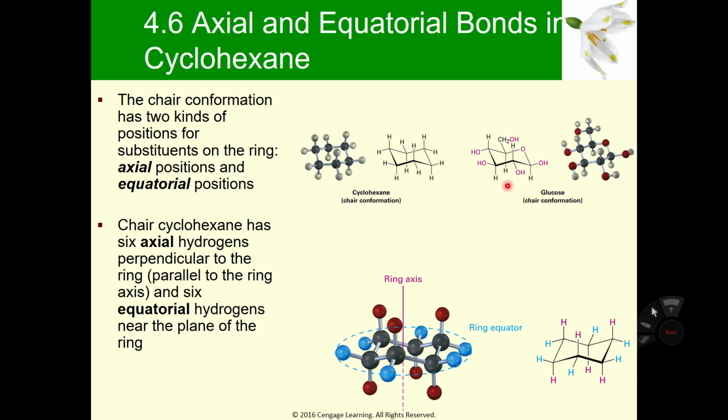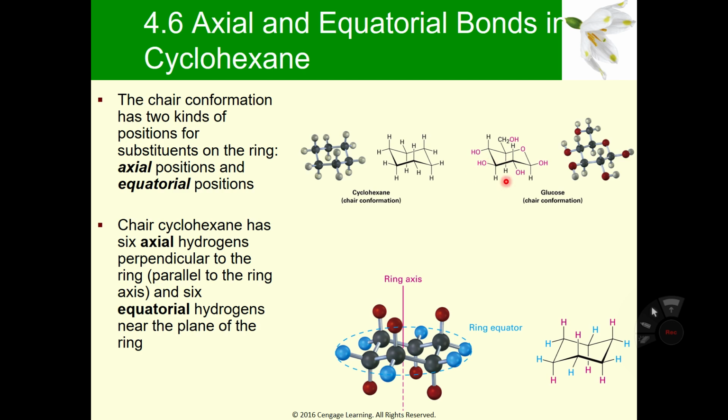Okay, so we can apply the concept of conformational isomers to the glucose molecule, and we can easily understand why OH is always in equatorial, not in axial position.